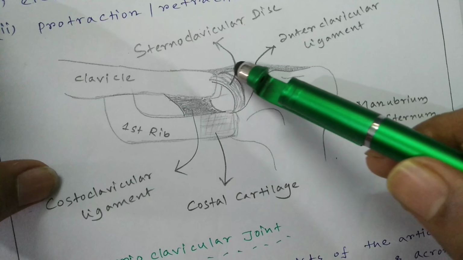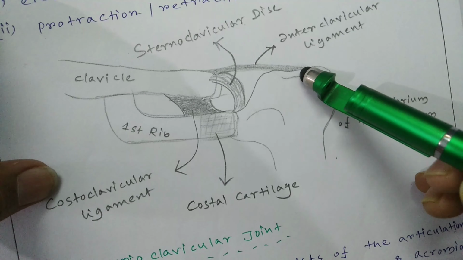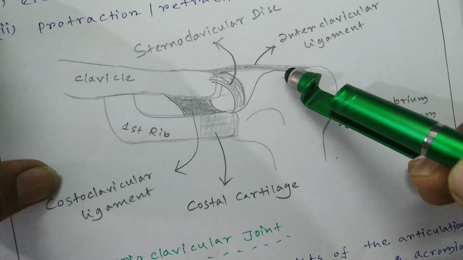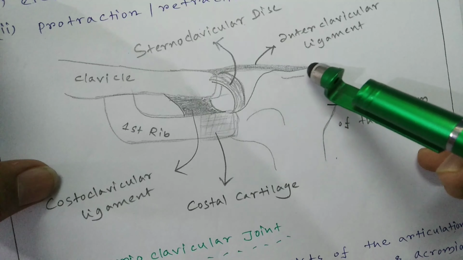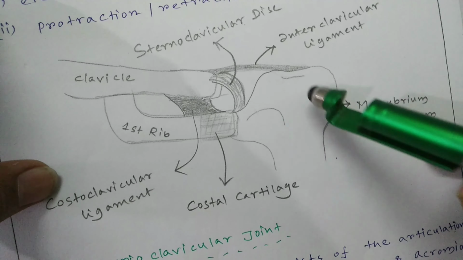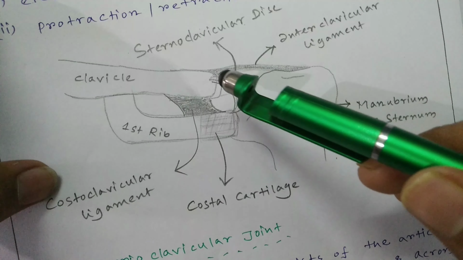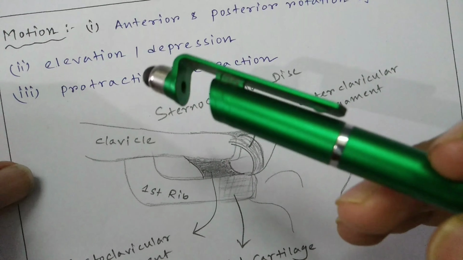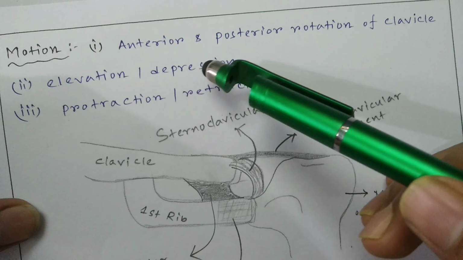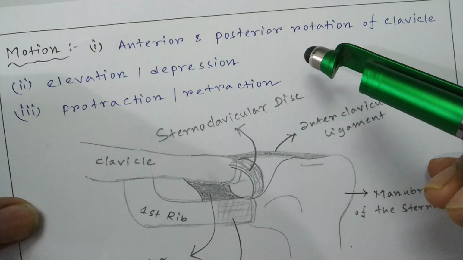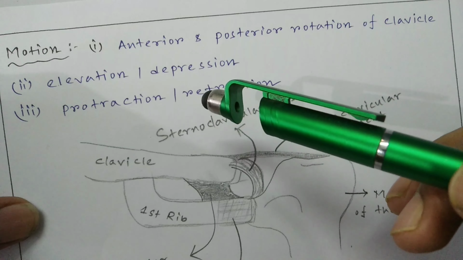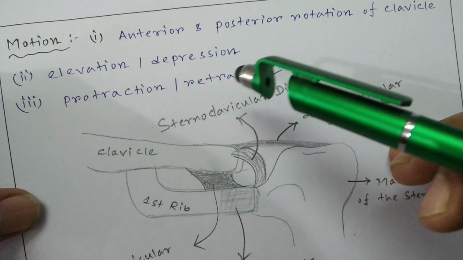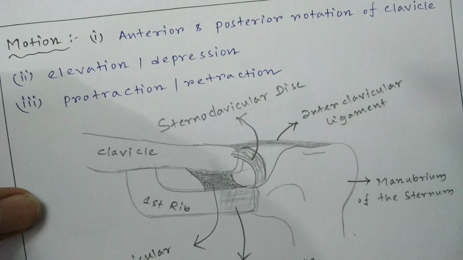The interclavicular ligament is present between the clavicle and the manubrium of the sternum. Motions possible: anterior and posterior rotation of the clavicle, elevation and depression, and protraction and retraction.